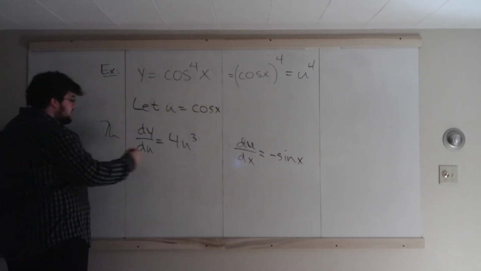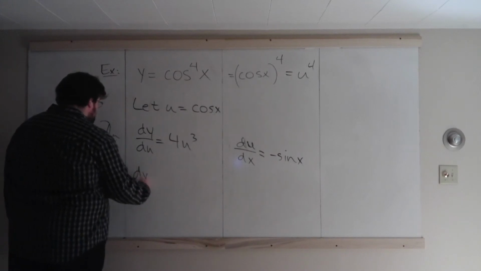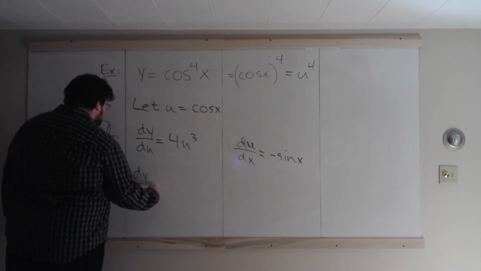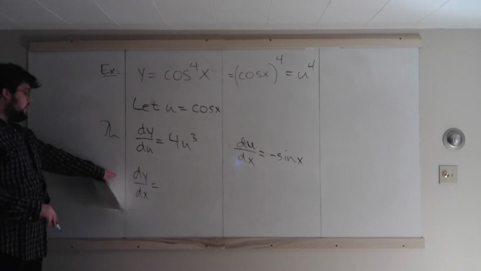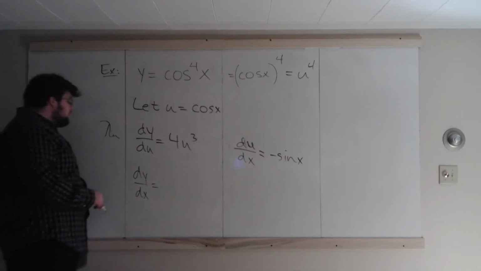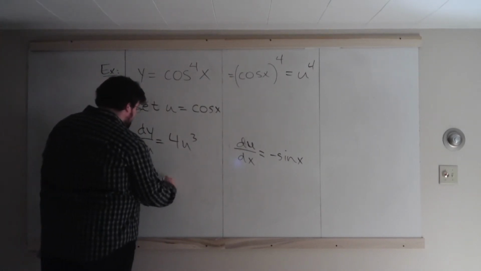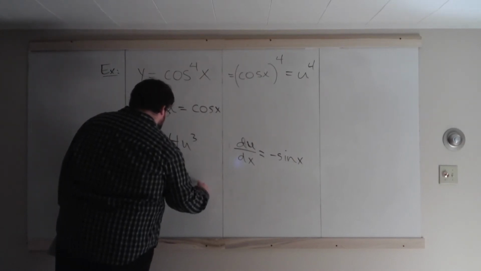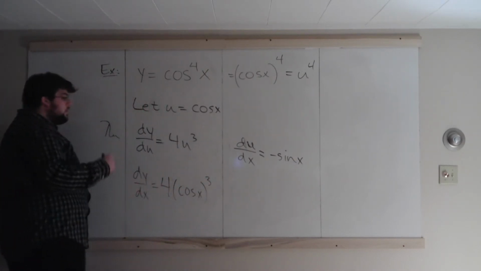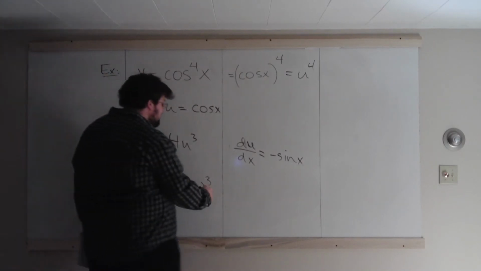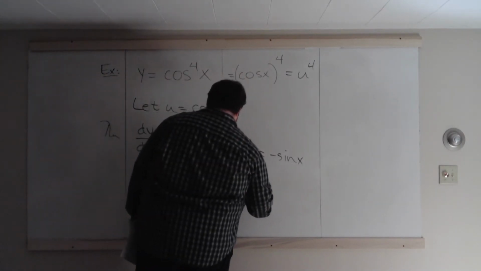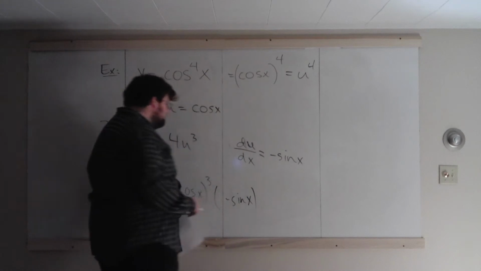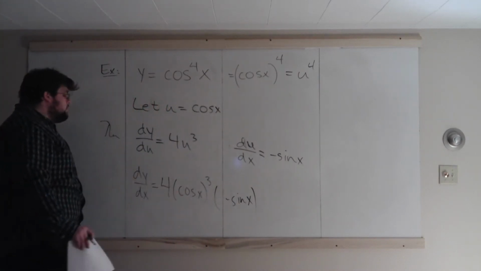So let's combine this answer, and we can find dy/dx. Dy/dx is 4u to the 3rd. U is cosine, so 4 cosine to the 3rd times negative sine of x.